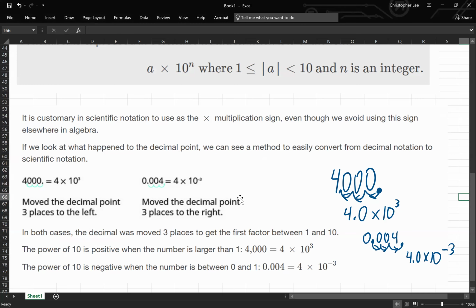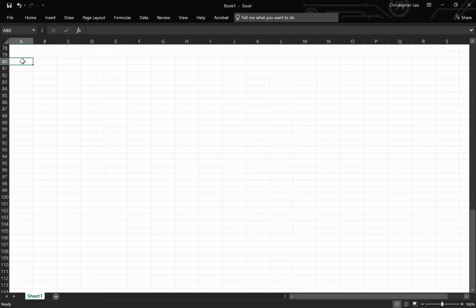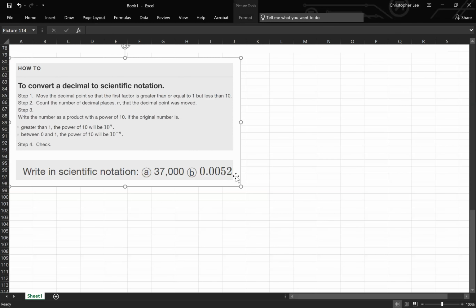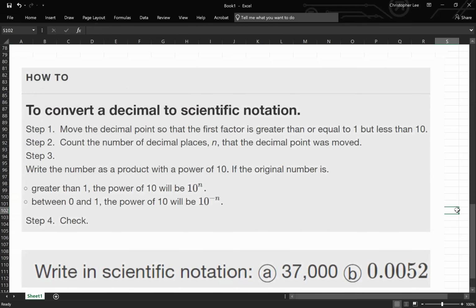I know you hear me talking a lot, so let me just give y'all some notes real quick before we try one. So here you go. This is how to convert a decimal to scientific notation. Step one, move the decimal point so that the first factor, the first number, is greater than or equal to 1 but less than 10.